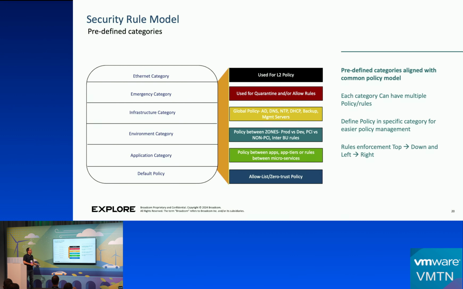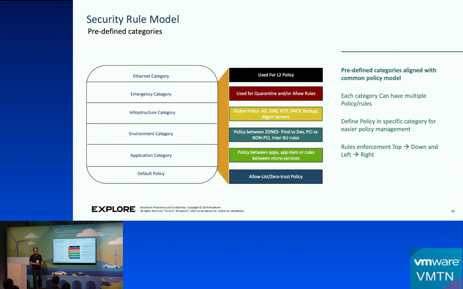So from a DFW perspective, this may look very familiar. DFW logic is left, right, top, down. And this is just a snapshot from the NSX portal. So you have Ethernet category used for L2 policies. I get asked very often, what is the emergency category?